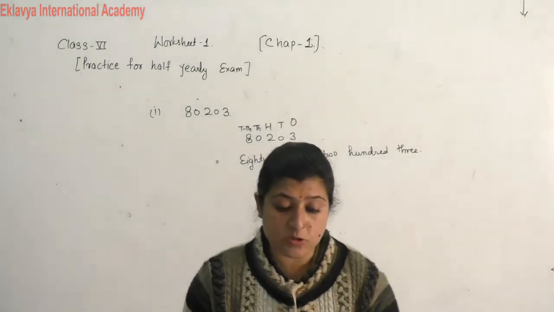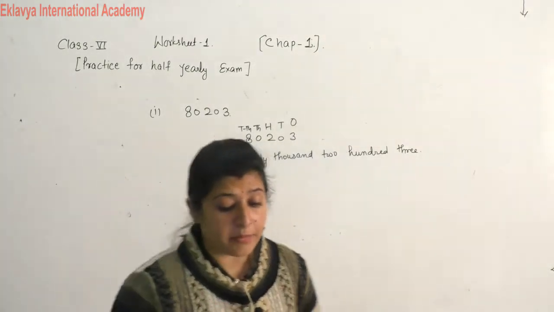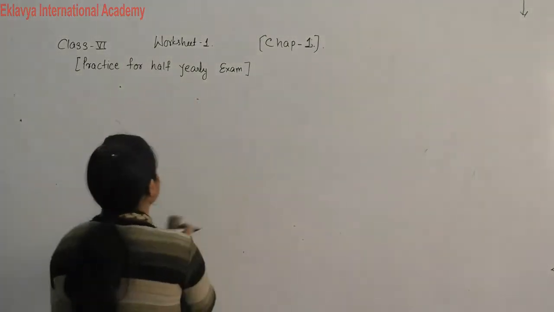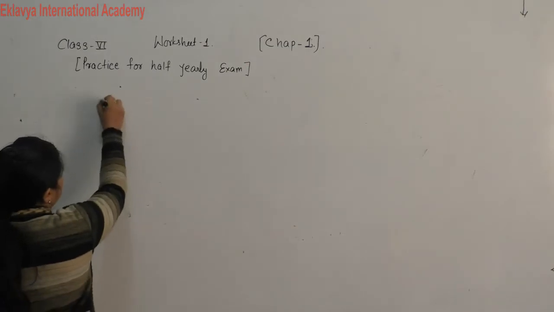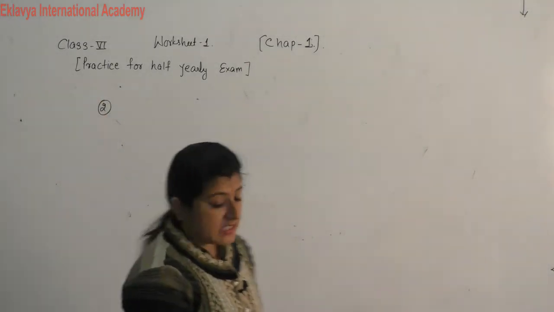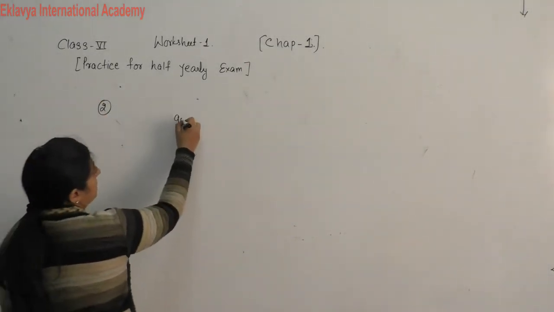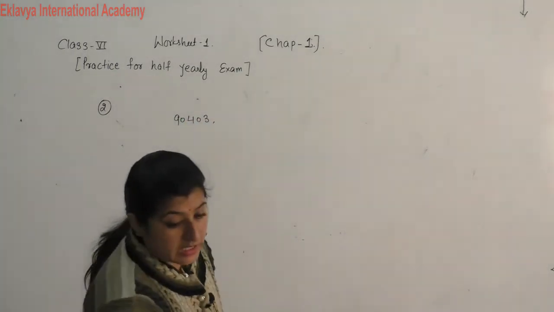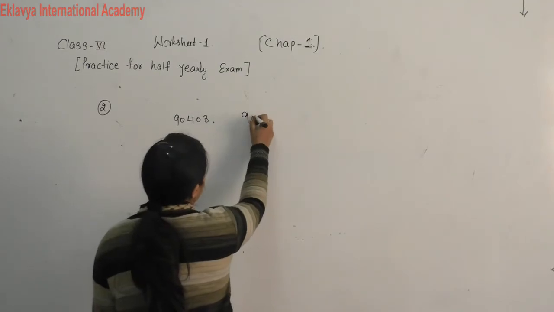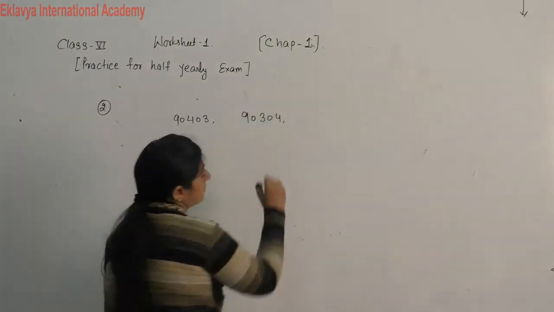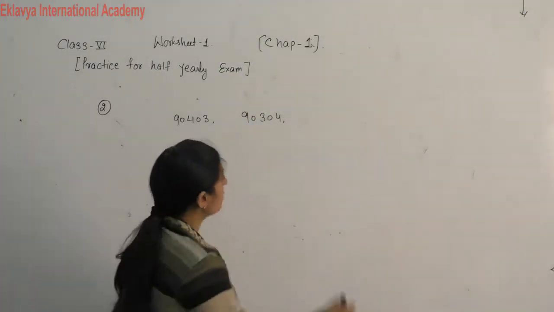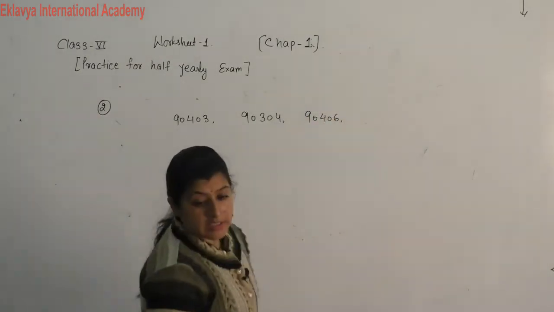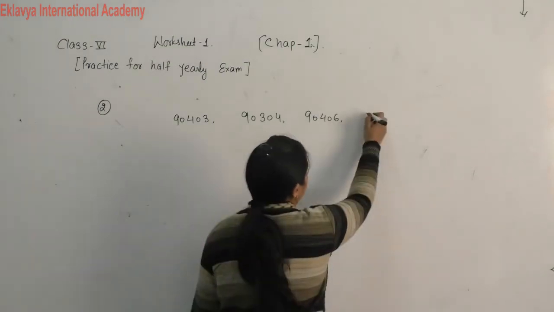Now see the next question. Arrange the following numbers in descending order. That is 90403, 90304, 90406, then 90046.